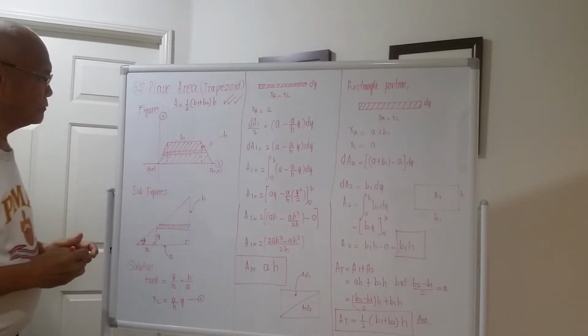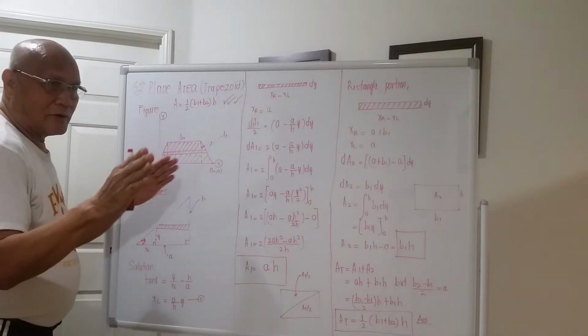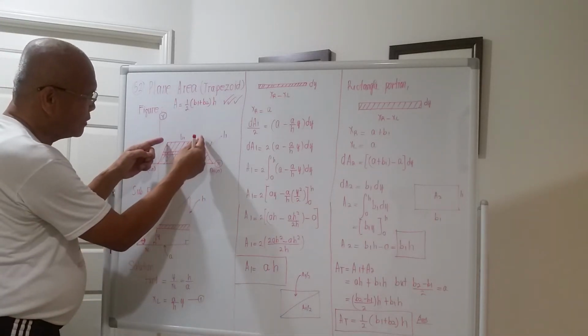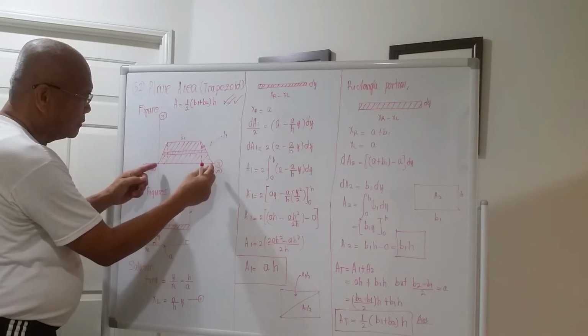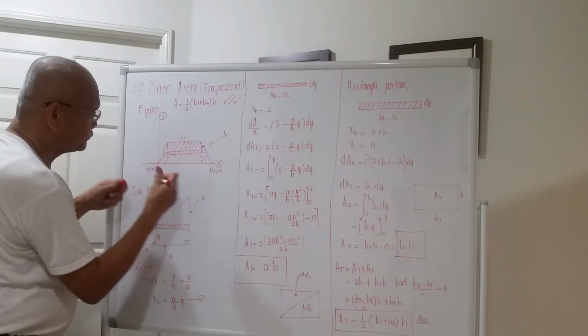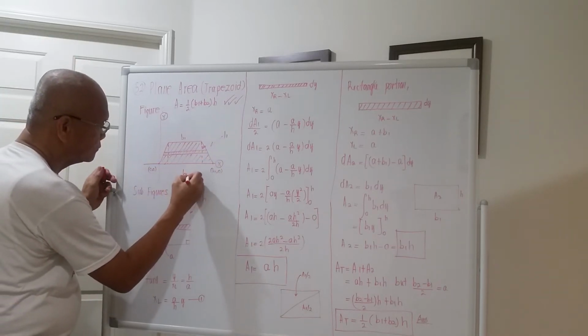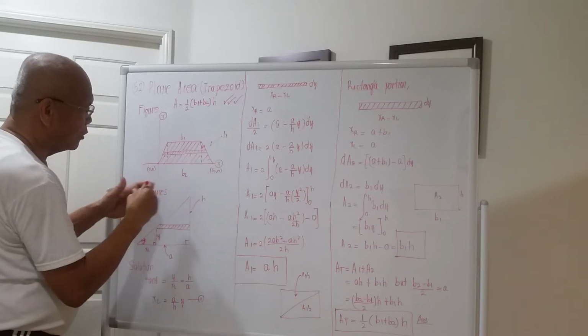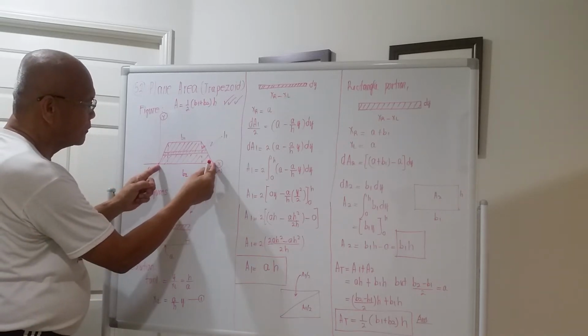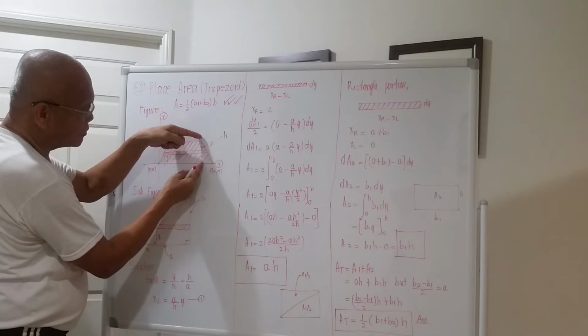That's a trapezoid. The dimensions of the trapezoid are base 1, the upper base, and base 2, the lower, longer base. The height is h.